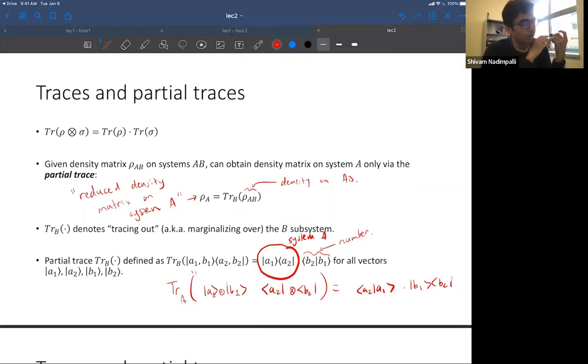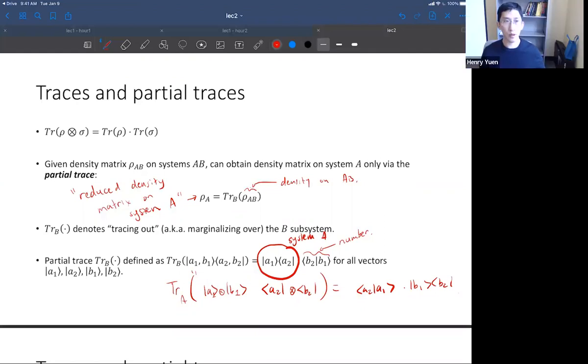Henry, when you trace B out, the resulting state is not necessarily a pure state, right? Or there's no reason it should have trace one, right? Oh, great question. If you start with a density matrix and you trace out, you will still have a density matrix.